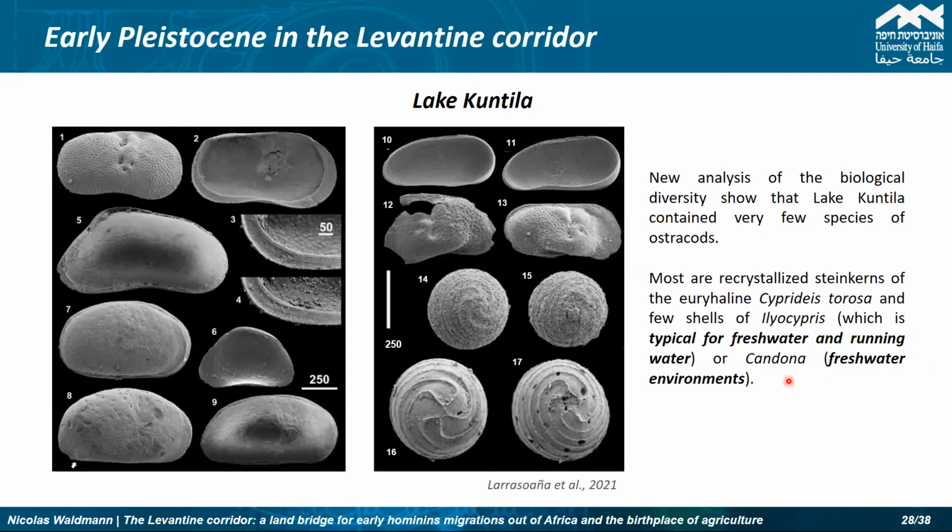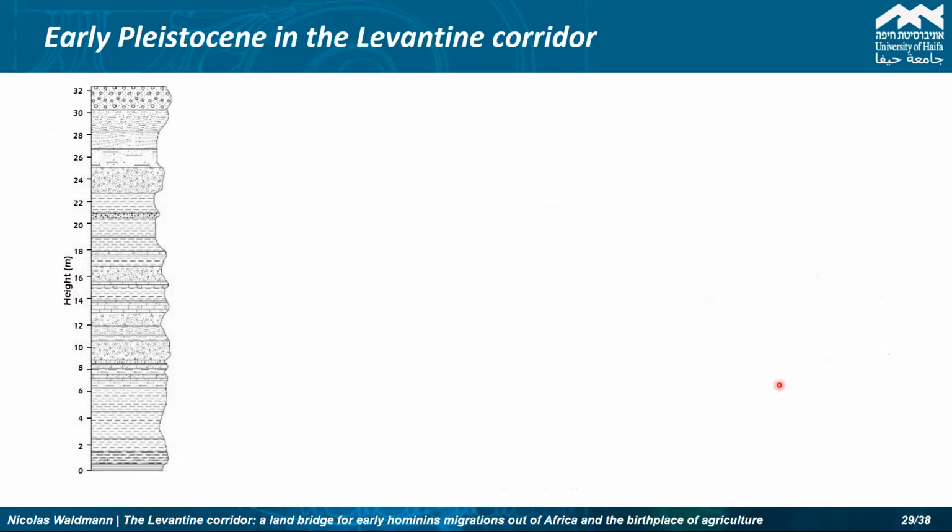So we have a freshwater environment and we have a running water environment, okay? Not a stagnant one. And this is important to understand how much water actually was funneled through this system, which we still don't know, but also when it was funneled.